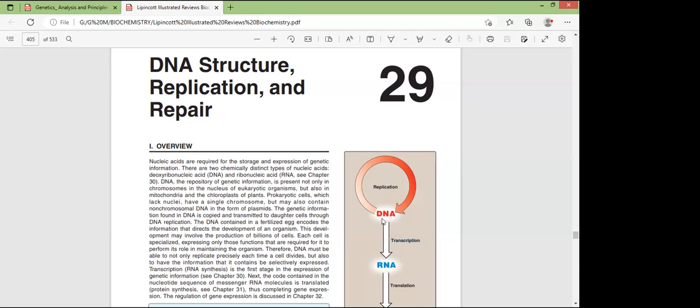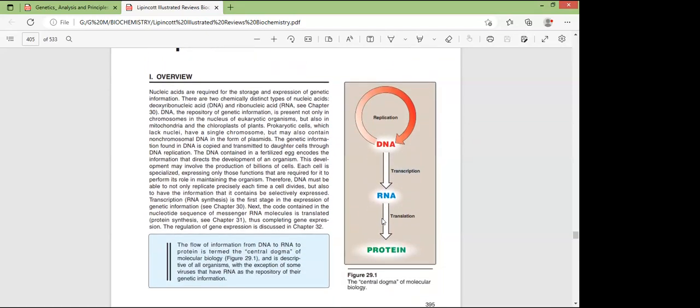And then silently, there's always a phosphate. Wherever there's a sugar and a nucleic base, always expect a phosphate. Then there's the question that is usually asked: what is the central dogma of molecular biology?